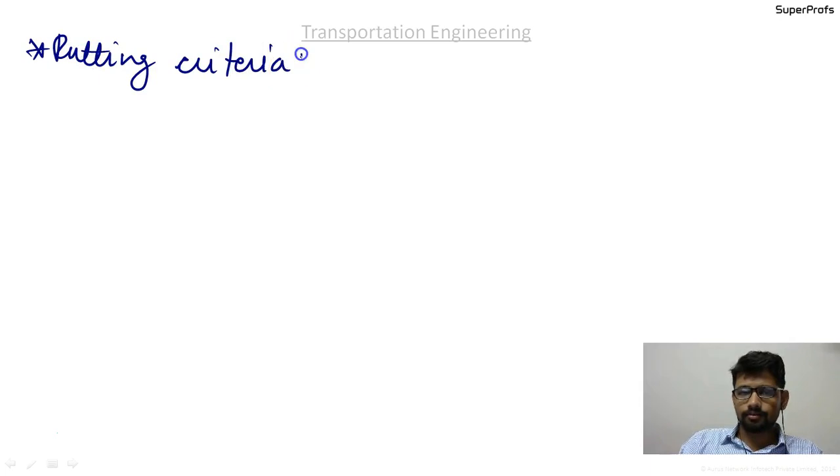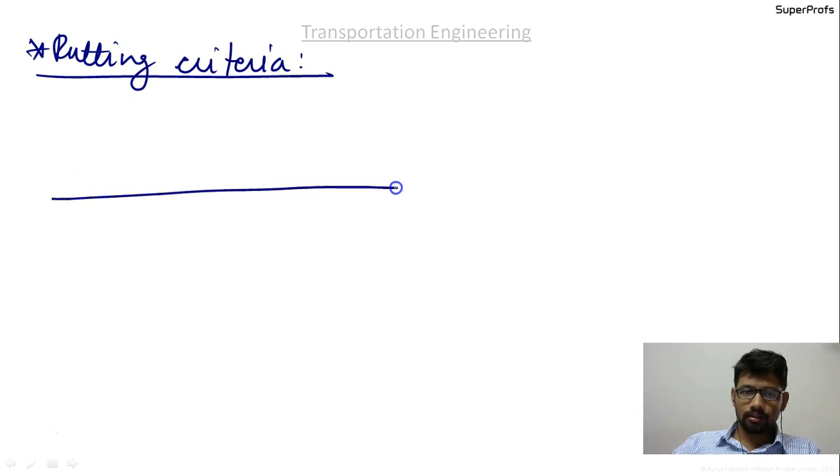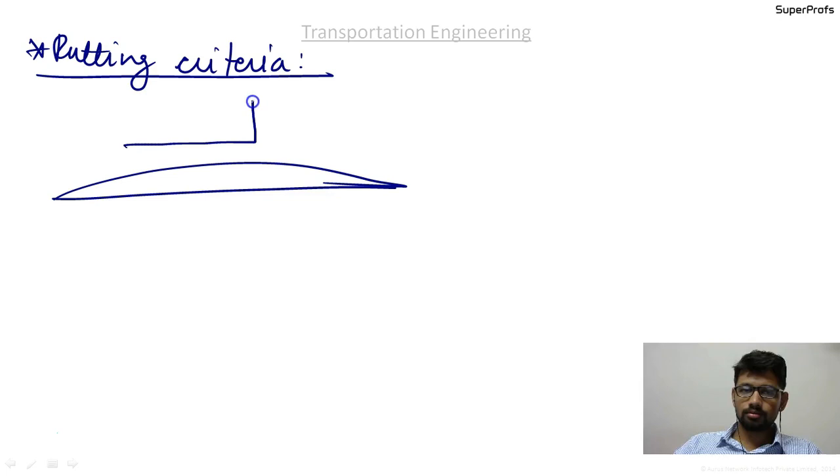Rutting criteria. So what is rutting? If there is a pavement of this kind, and a vehicle is like this, so over here you see the rut is formed.